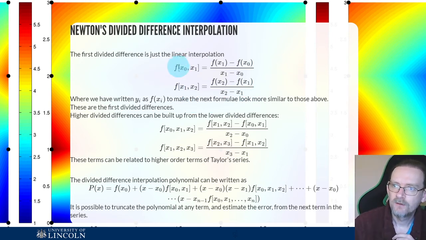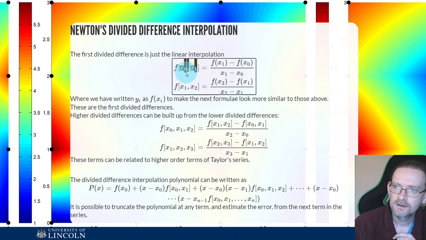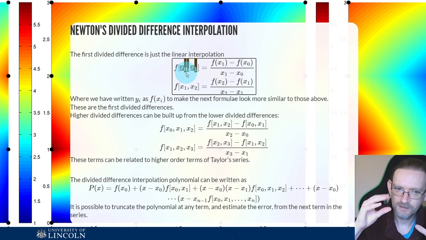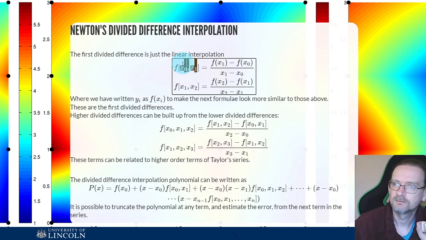Here we've got this first order divided difference, where the parameters that go in are 2 points. These are our 2 values. This basically gives us the linear interpolation, and it is essentially the gradient evaluated at those points. The same for that.